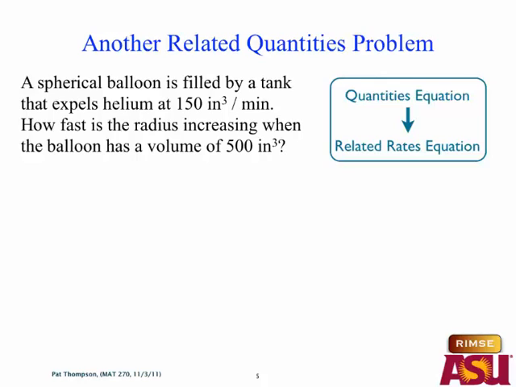You have to figure out how fast it's moving when the fluid has a volume of 500, so you have to figure out what the corresponding radius is where the volume is 500.